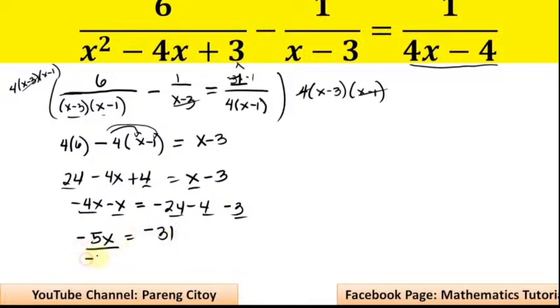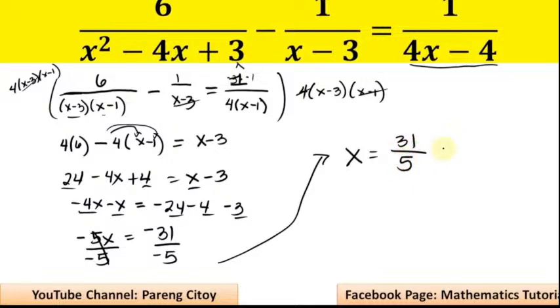Then divide both sides by negative 5, negative 5. So x equals 31 over 5. So that is the value of x.